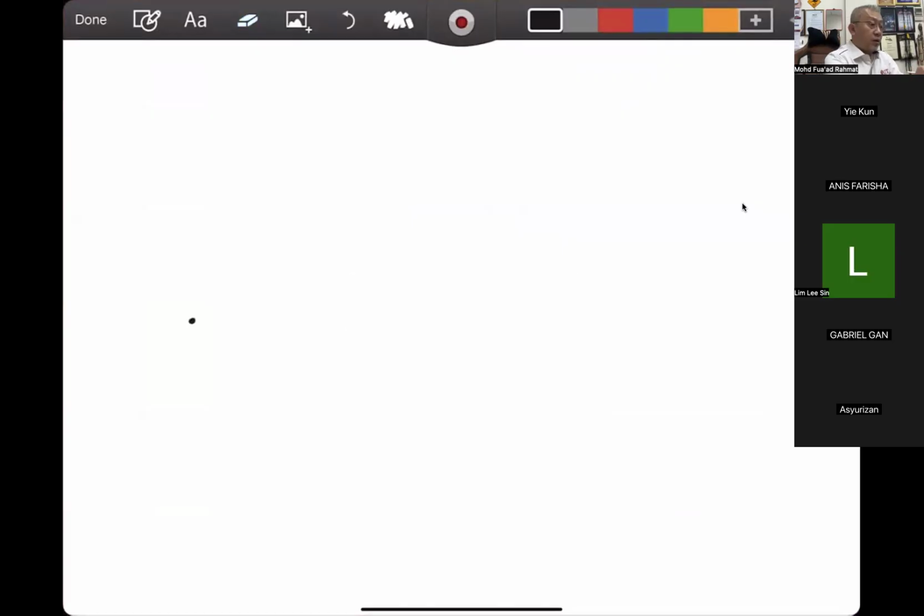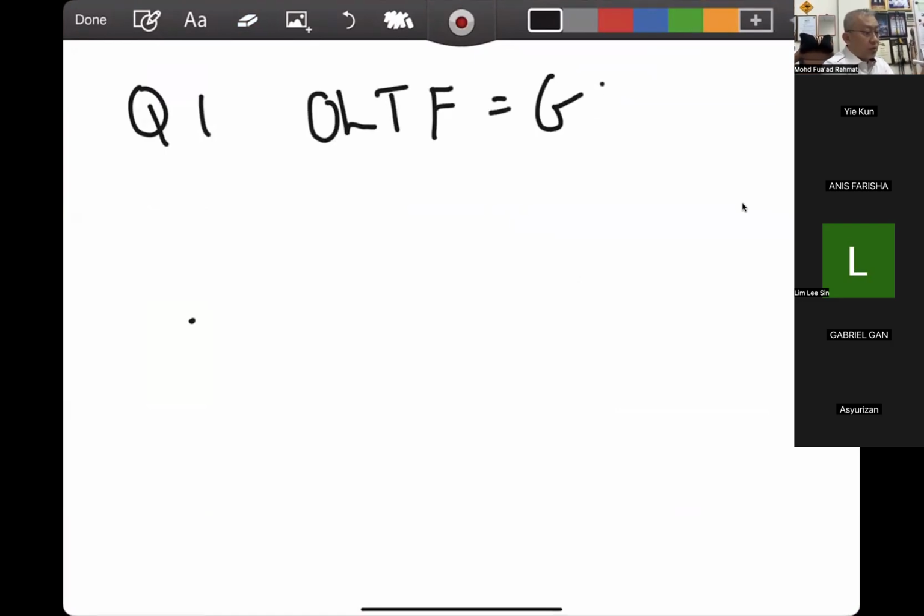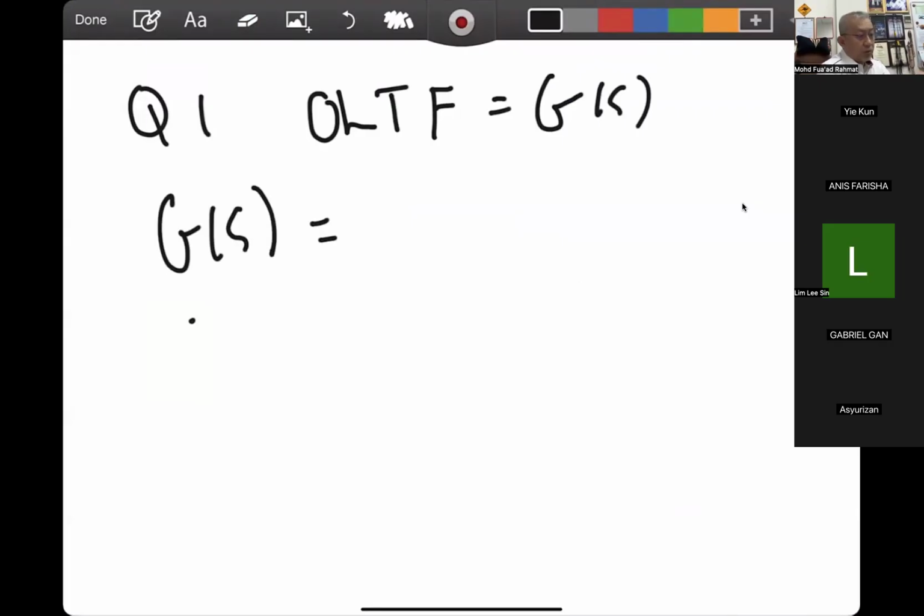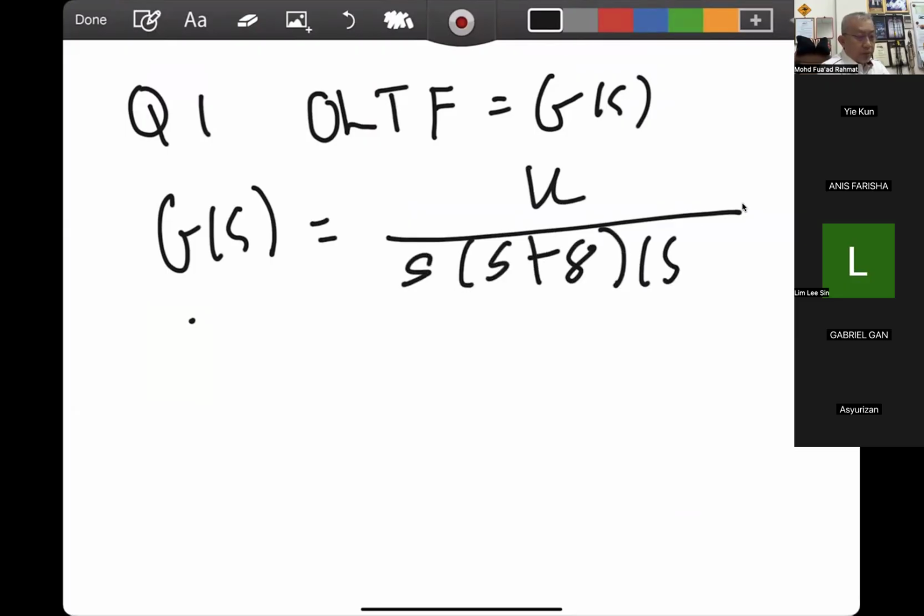Okay, this is the problem for question 1, where you are given an open loop transfer function, G(s), and G(s) is equal to K, the gain, over s(s plus 8)(s plus 12).